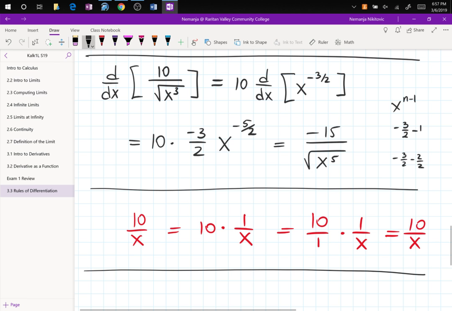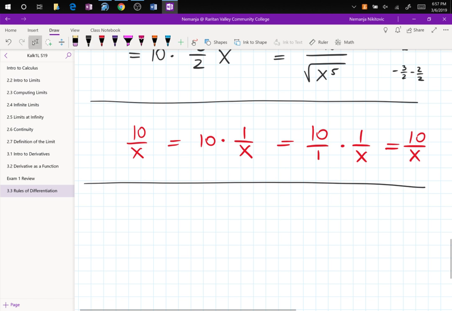All right, the next question. All right, so here is the next question that we need to address. The derivative of x squared plus 1, everything squared, like this.